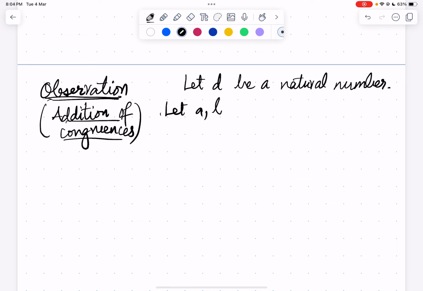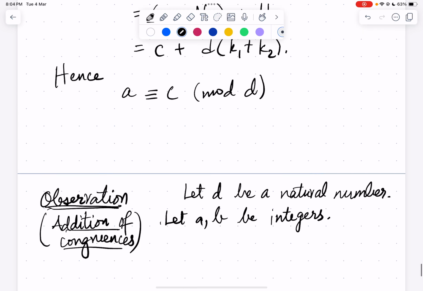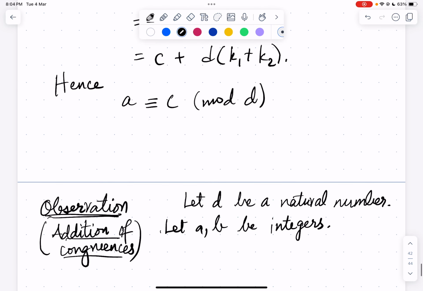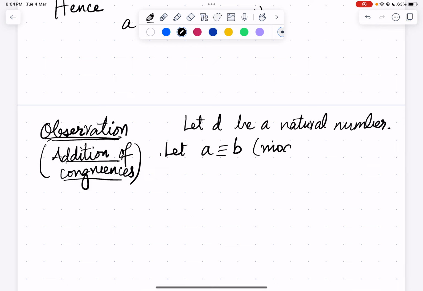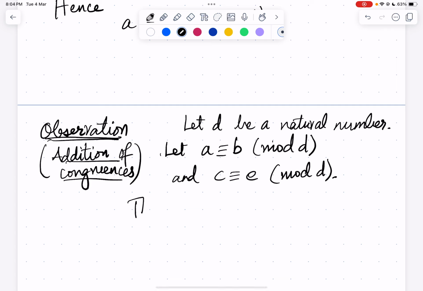Let integers A and B be such that A is congruent to B mod D and C is congruent to E mod D. Then we can add these congruences to get A plus C is congruent to B plus E mod D.